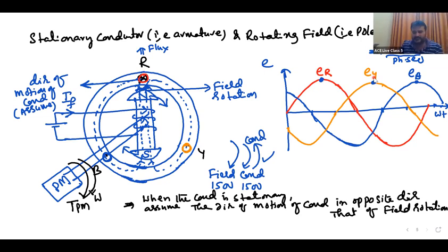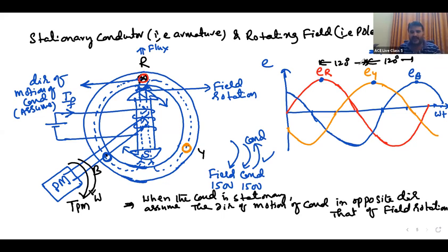The important thing here is that the induced EMF is said to be balanced. This induced EMF is said to be balanced because the maximum value of the R phase to the maximum value of the Y phase is 120 degrees, and the maximum value of the Y phase to the maximum value of the B phase is also 120 degrees.